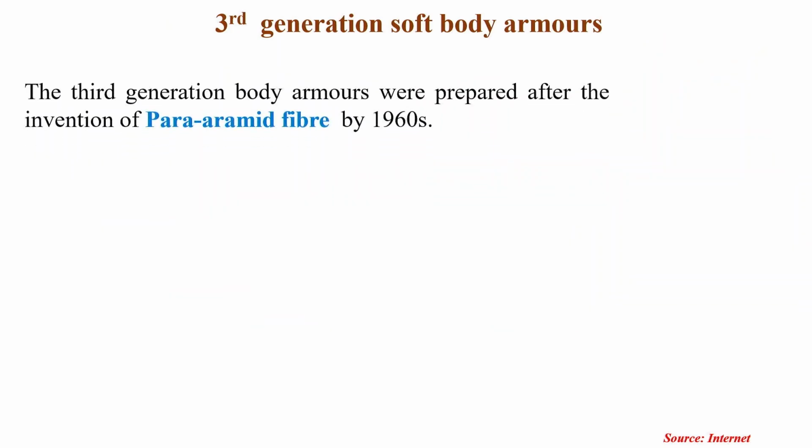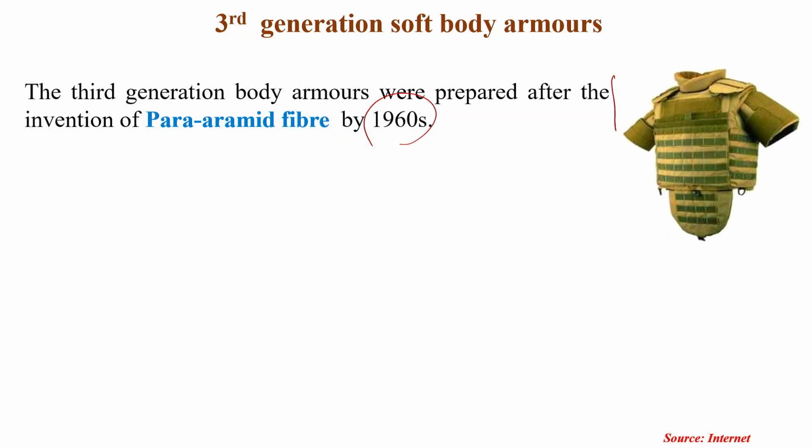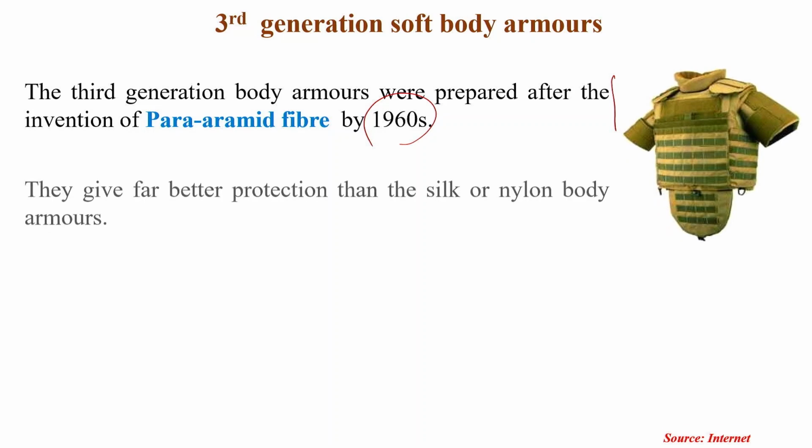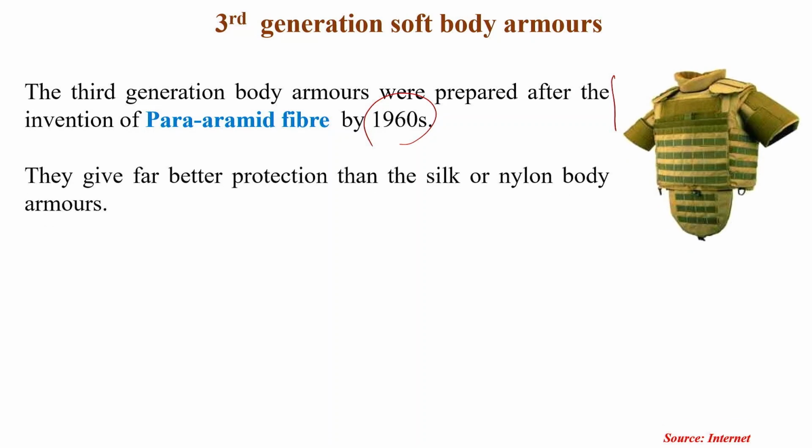And the third generation, when the para-aramid was developed in the 1960s, the third generation body armor was prepared. This is the third generation body armor, where they give far better protection than silk or nylon flake body armor due to their high strength.